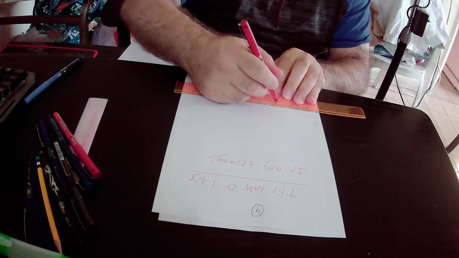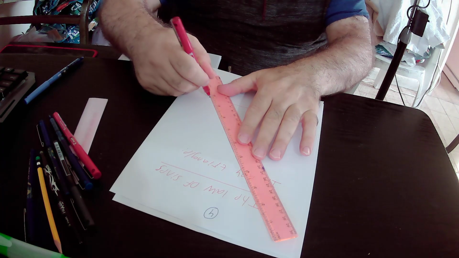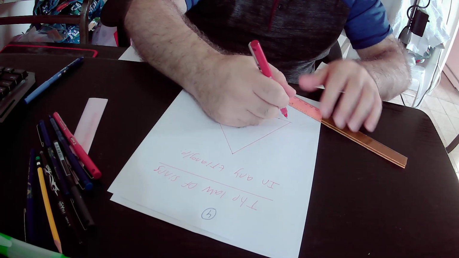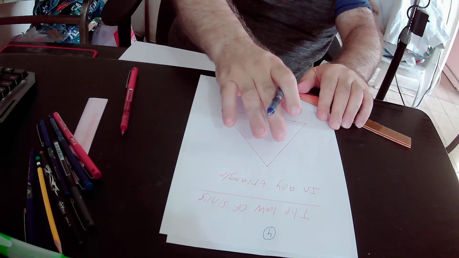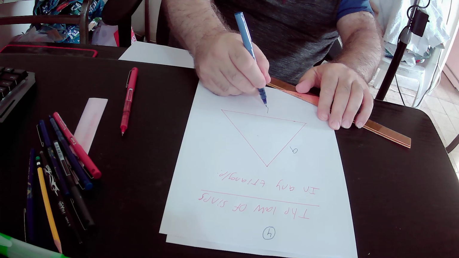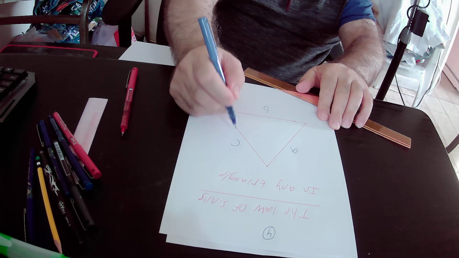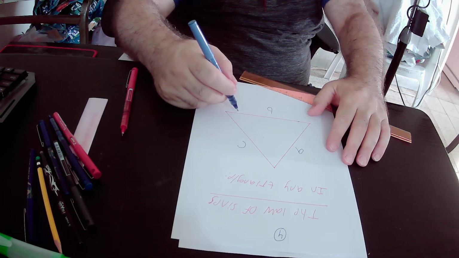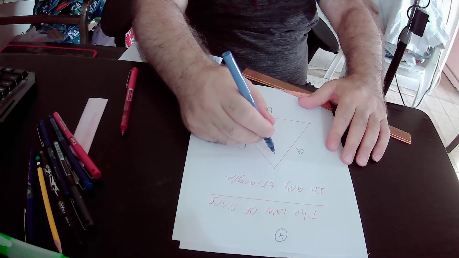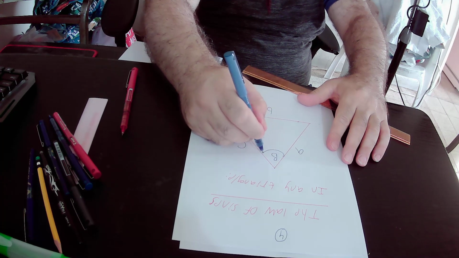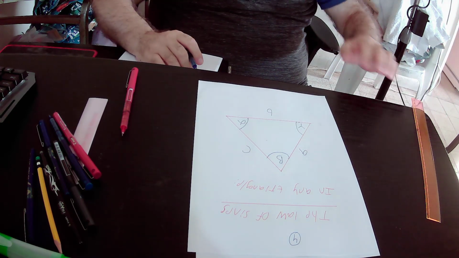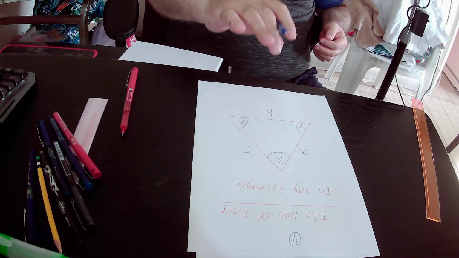If this side of the red triangle is A, this side is B, and this side is C, and if this angle of the red triangle is alpha, this angle is beta, and this angle is gamma, then the following relationship exists between the sides of the triangle and the angles of the red triangle.